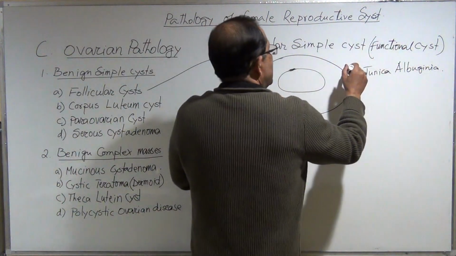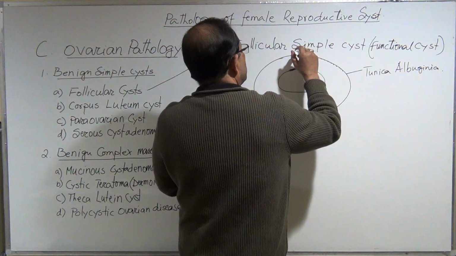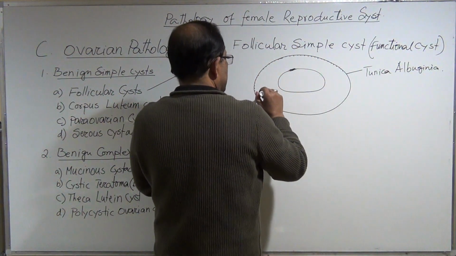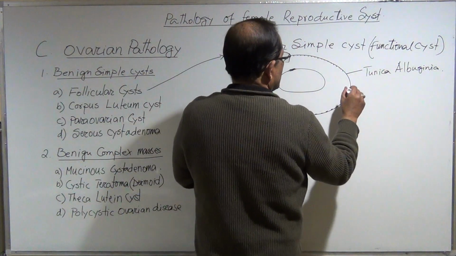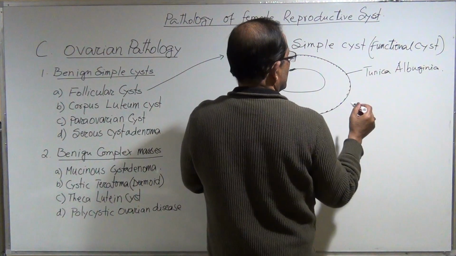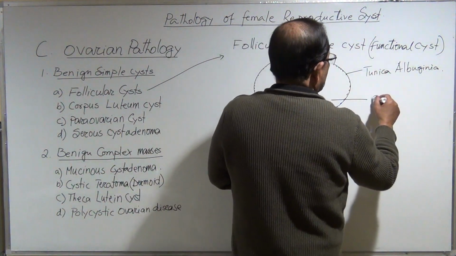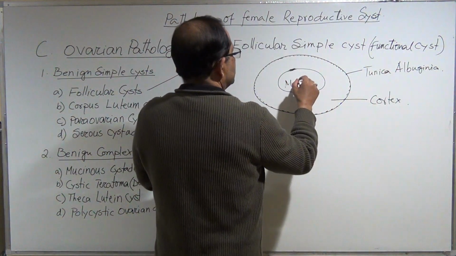Okay, so it has epithelial cells and a couple of cysts develop from these epithelial cells. And this is cortex. And this is medulla.